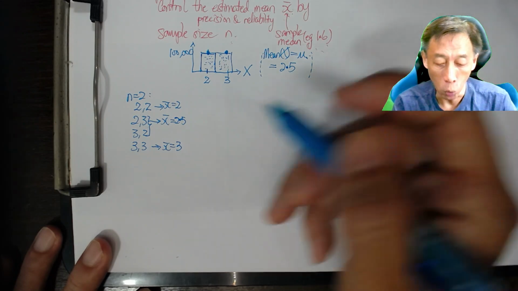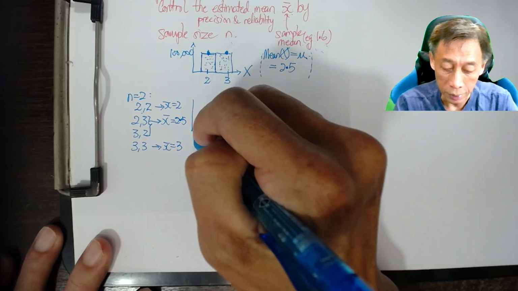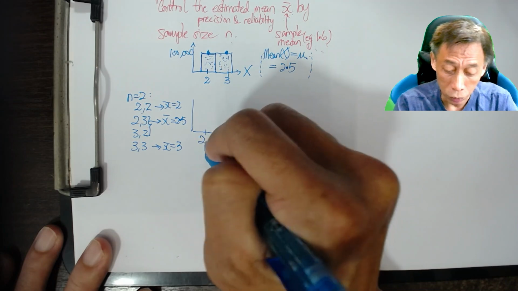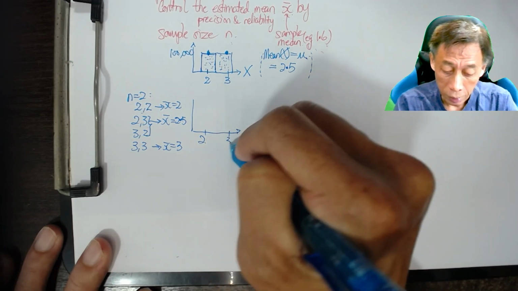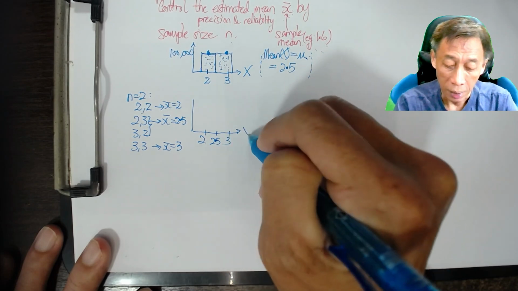And if you go by this, you can already see that, first of all, this is a sample space of 2, 2.5, and 3, because these are the actual numbers that X bar can take.